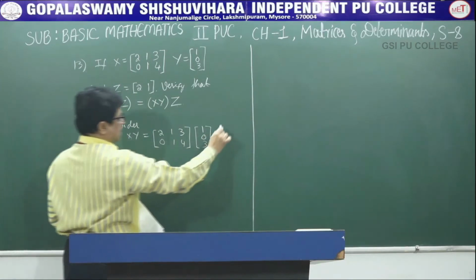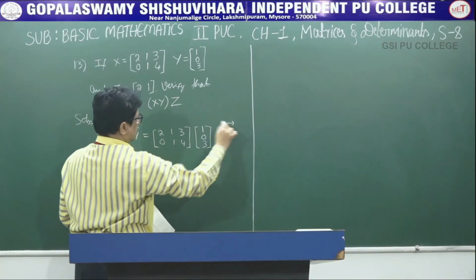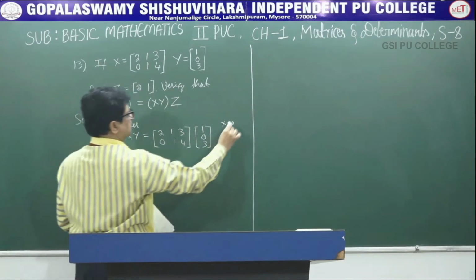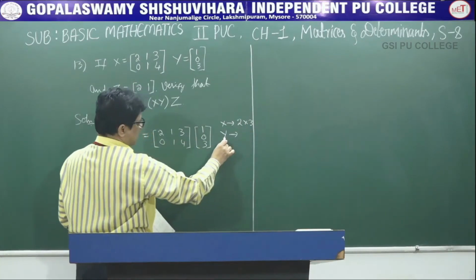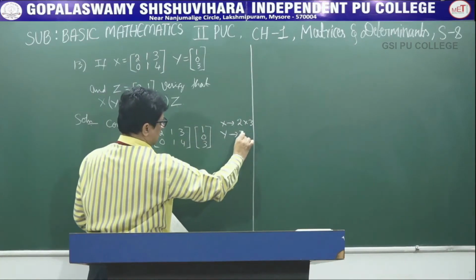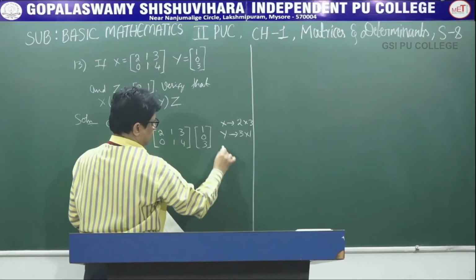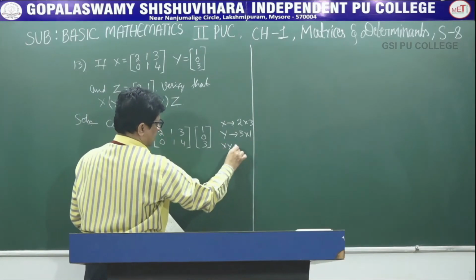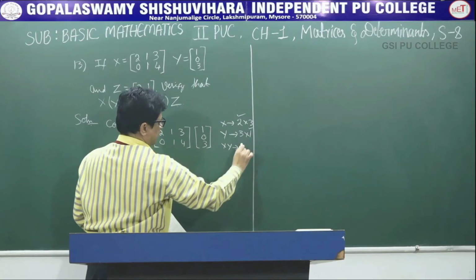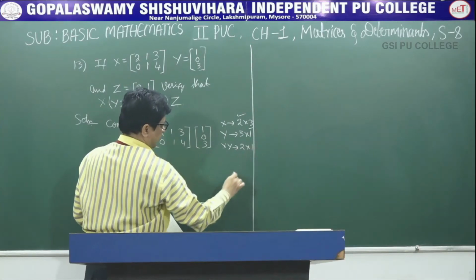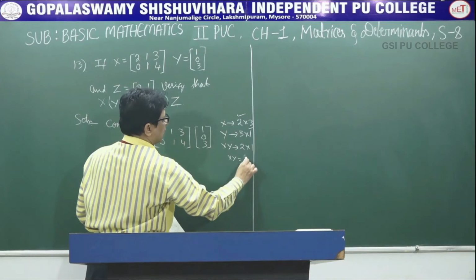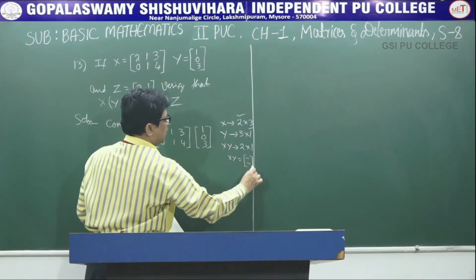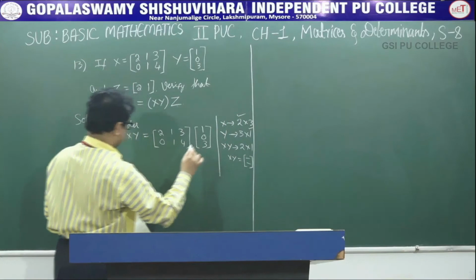Here X matrix is of the order 2 into 3. Y matrix is of the order 3 into 1. So the product matrix XY will be of the order 2 into 1. That means the matrix XY will have 2 rows and 1 column.